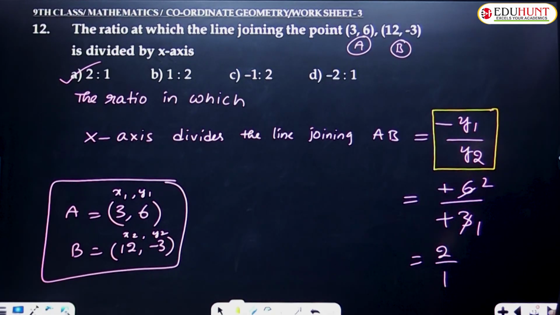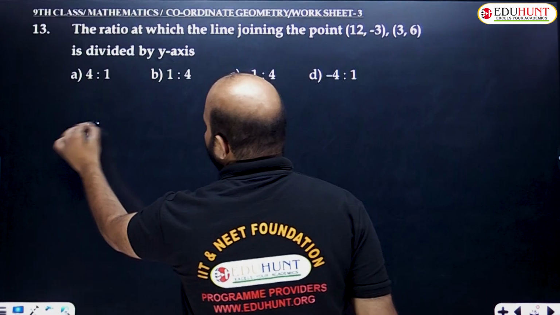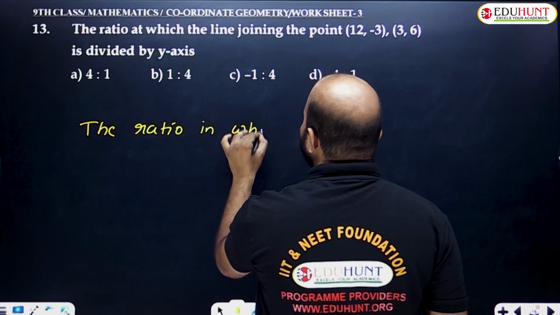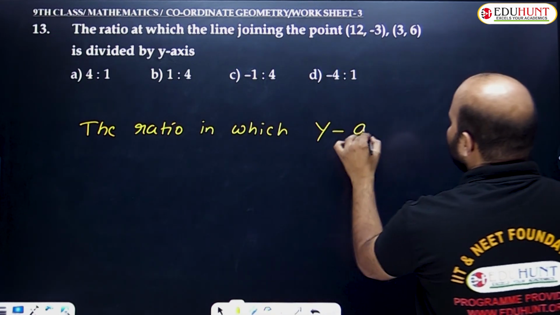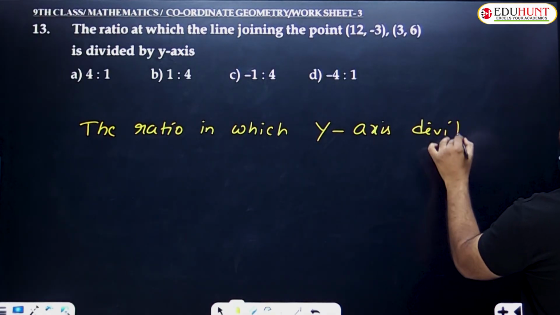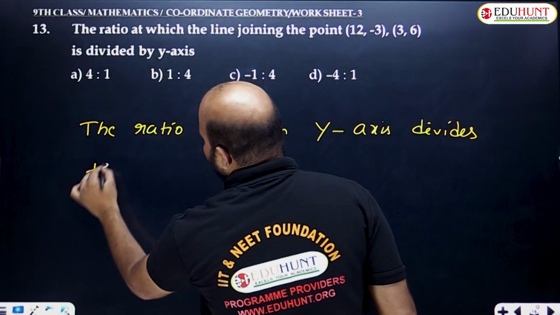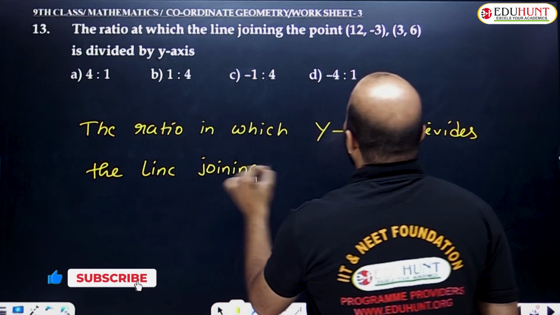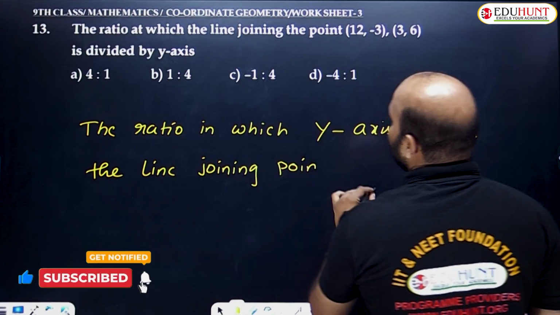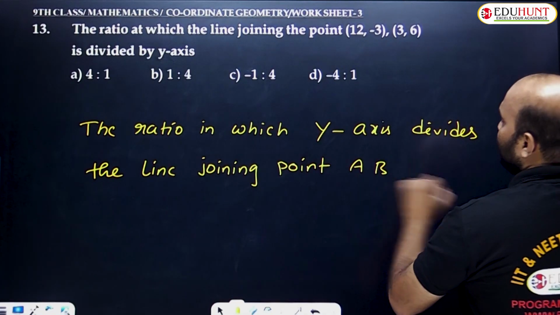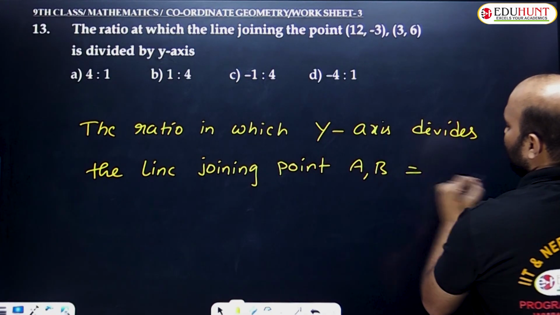So the ratio in which the y-axis divides the line joining points A and B is, what is the formula?